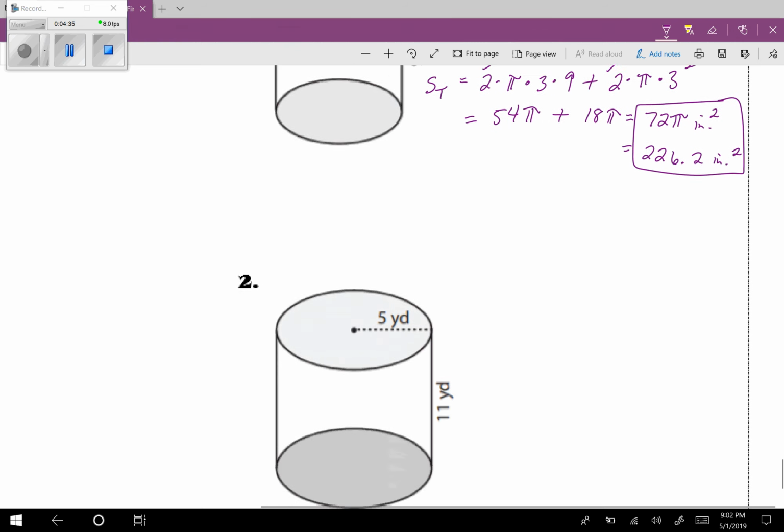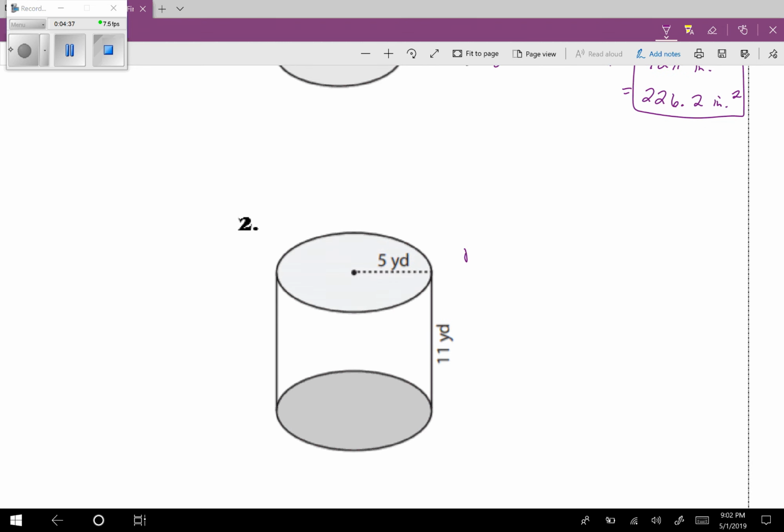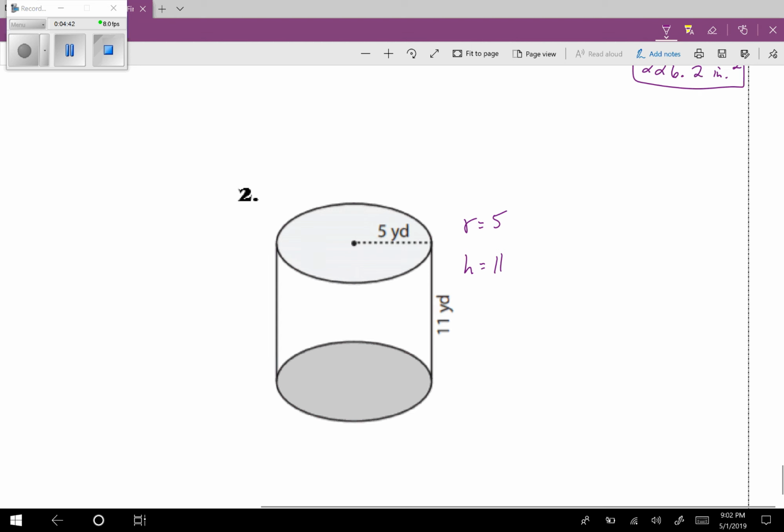Okay, next one. Our radius is 5. Our height is 11. So our total surface area is 2 times pi times r times h plus 2 times pi times r squared. And again, calculate this in terms of pi and calculate this in terms of pi.